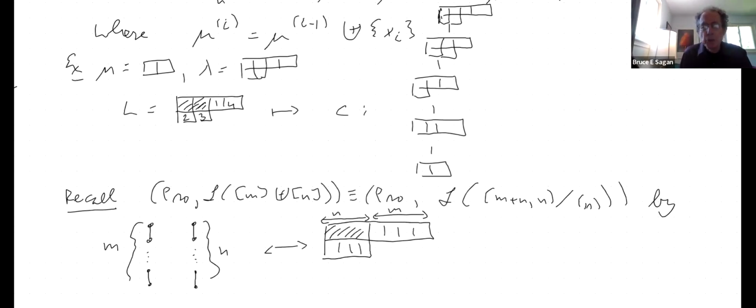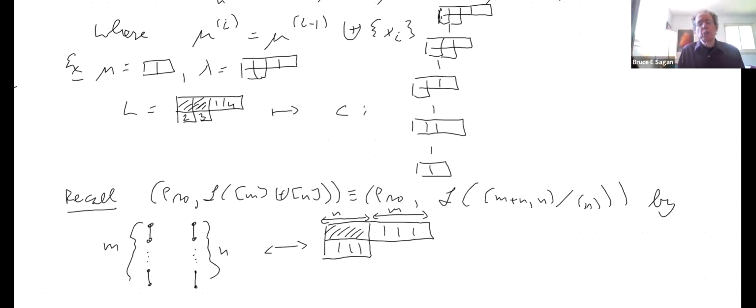Because these two rows don't share a column, they're independent, which is why it's the same as having a disjoint union. So we can work with either of these posets. They are the same.